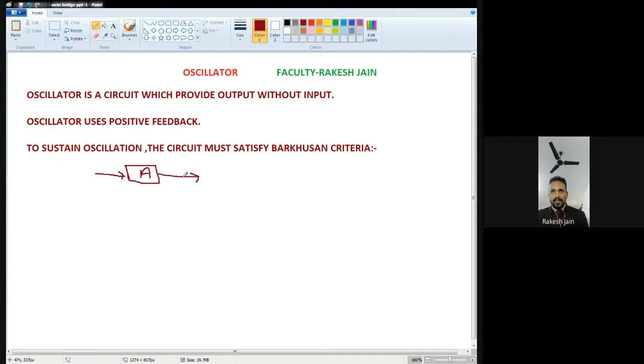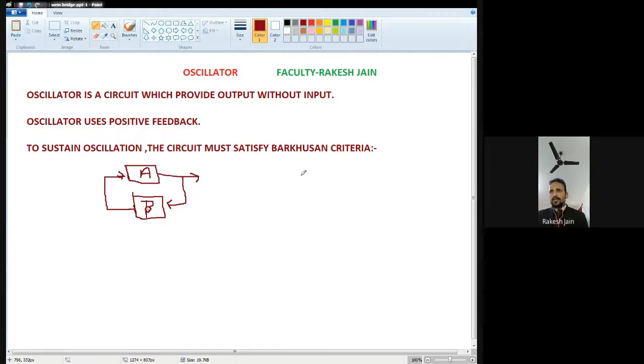If the output is again applied at the input side, this input is a feedback input. This beta is in the feedback network, and this A is in the forward gain. So the total loop gain must be A beta.